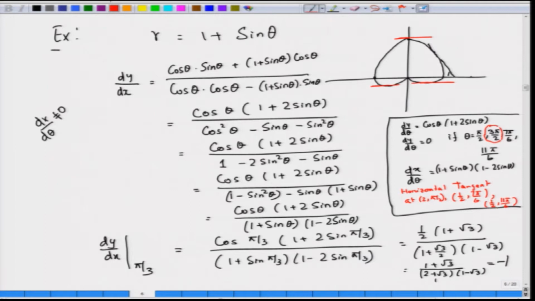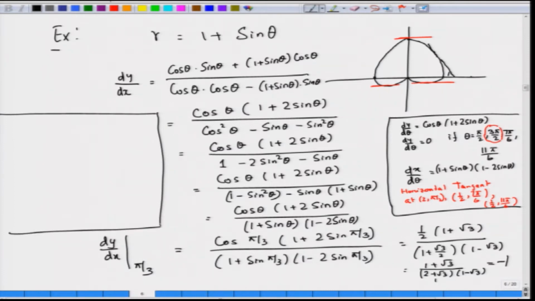So we have got the horizontal tangents. Now, let us try to see where dx by d theta is equal to 0. dx by d theta is going to be equal to 0 if theta is equal to 3 pi by 2, pi by 6 and 5 pi by 6.